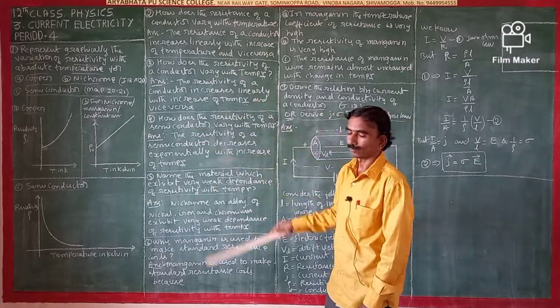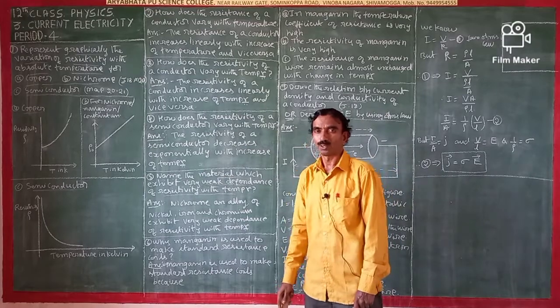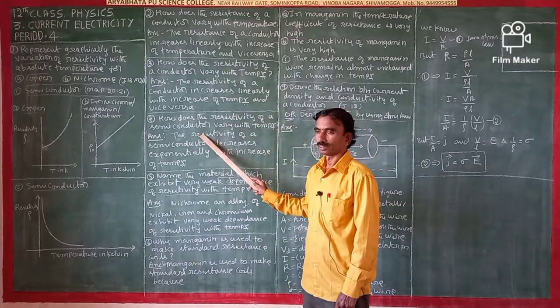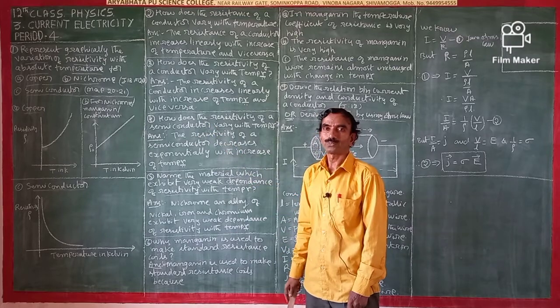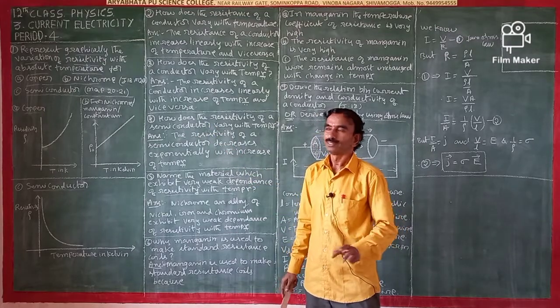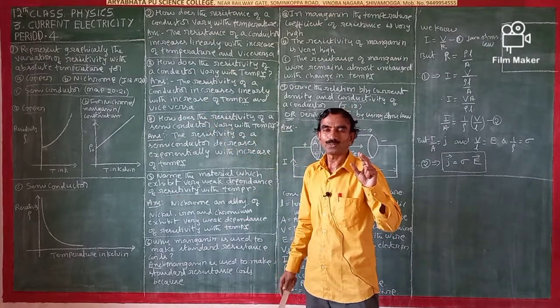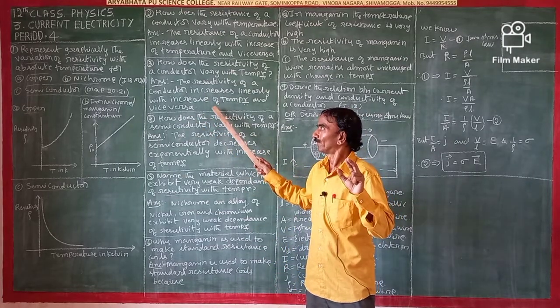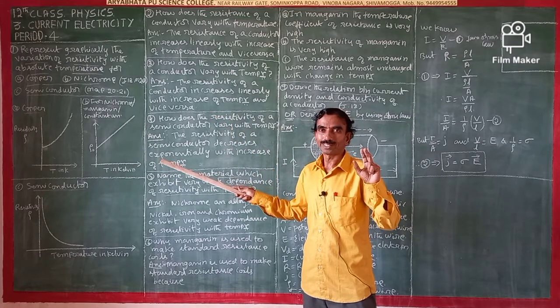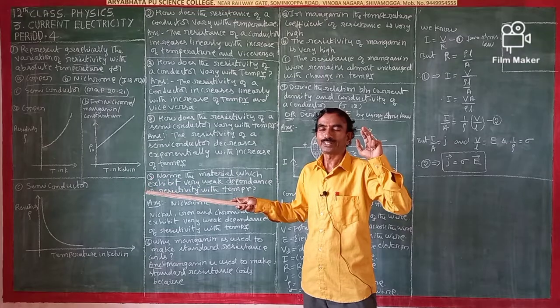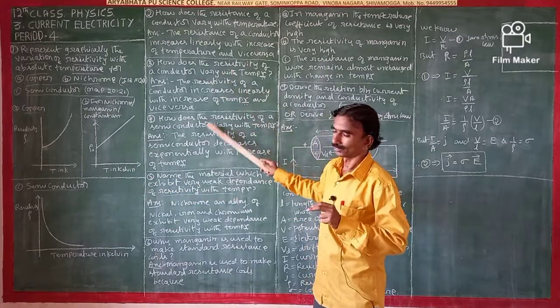These three questions are very important, so you have to learn. One who wants to get good marks must learn these questions. If you want just passing, only 35%, you need not learn this. One who wants more than 50 marks or distinction, you have to learn this.